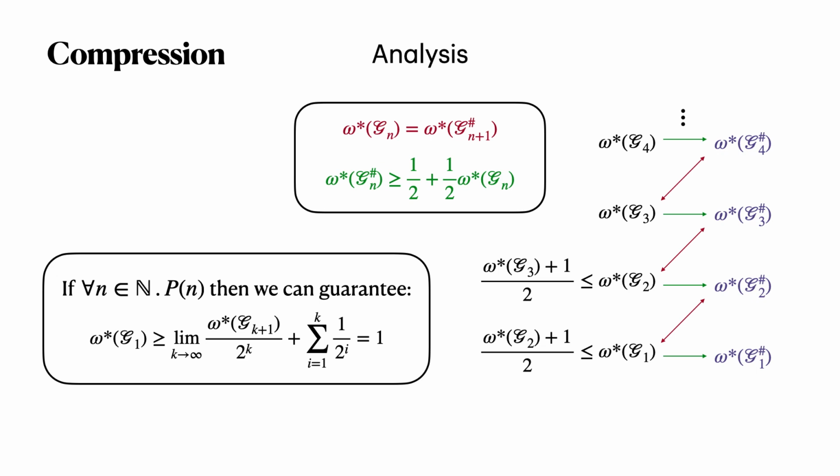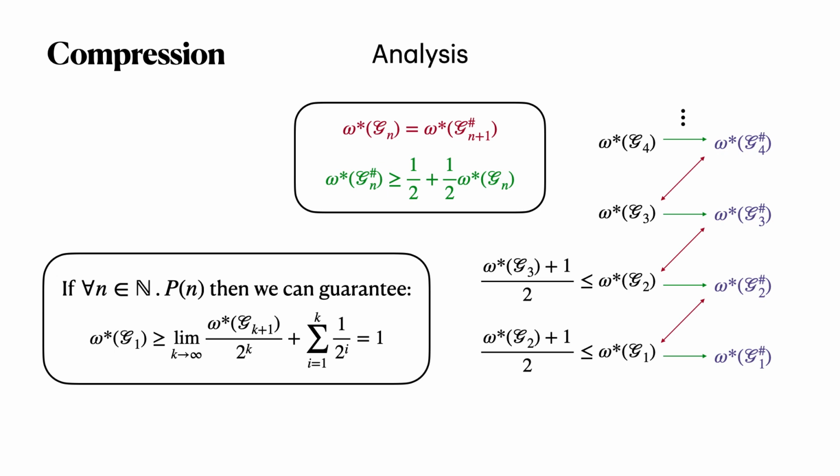Now we have to prove that if the formula is true, then G1 has value 1. Well, first, look at the bottom of the diagram. From the construction, we know that the value of G1 is the same as the value of the compressed game G2. From the guarantees of the compression theorem, on the other hand, we know the value of the compressed G2 is at least half plus half the value of original game G2.